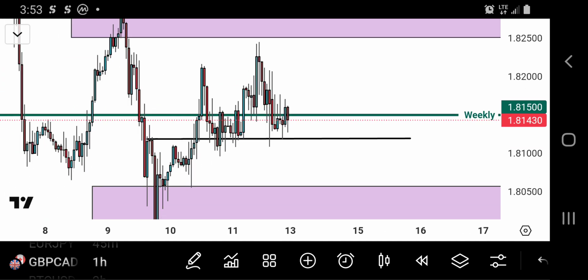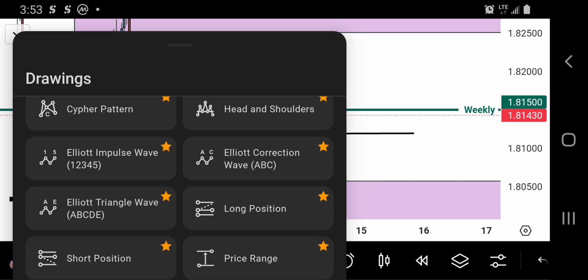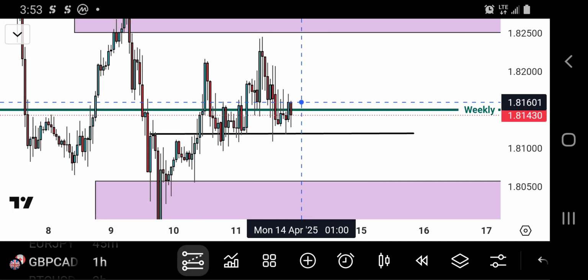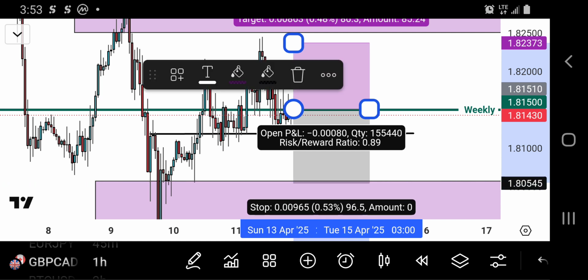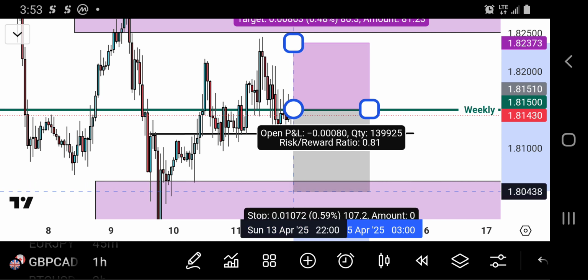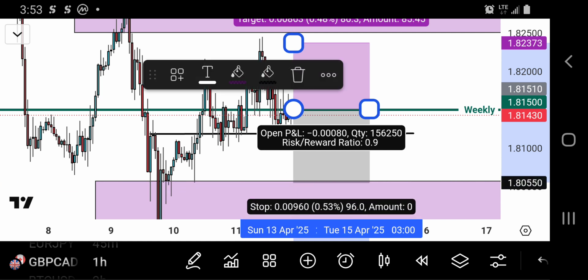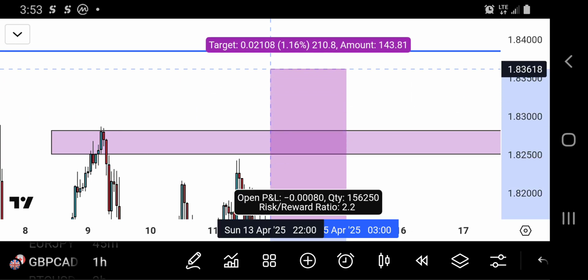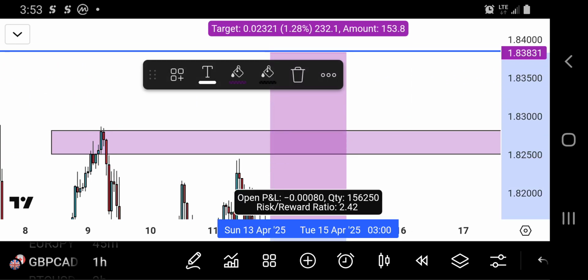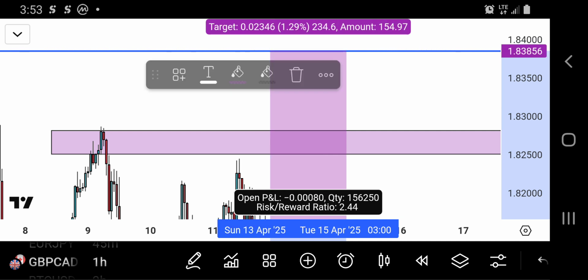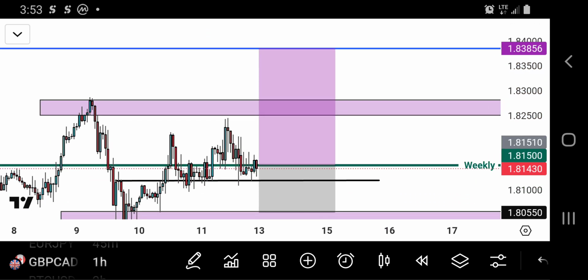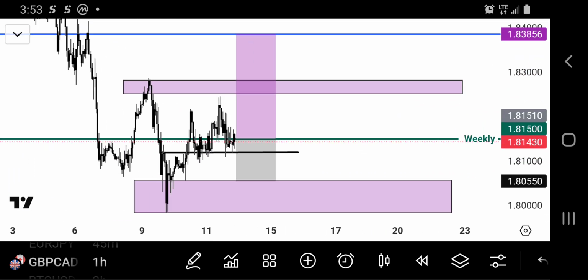So the market can open and you take your buy, and place your stop loss on this wick or right on it. Then your target is 235 pips, like this, something like this.